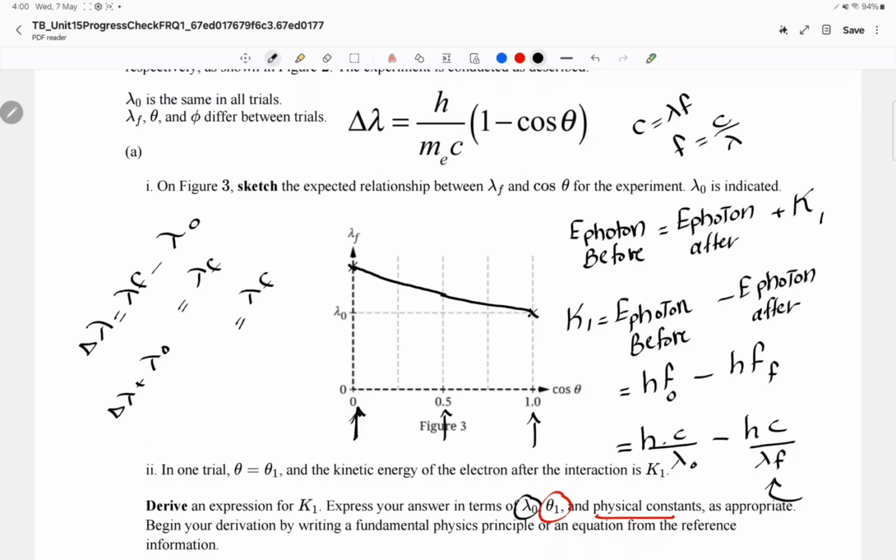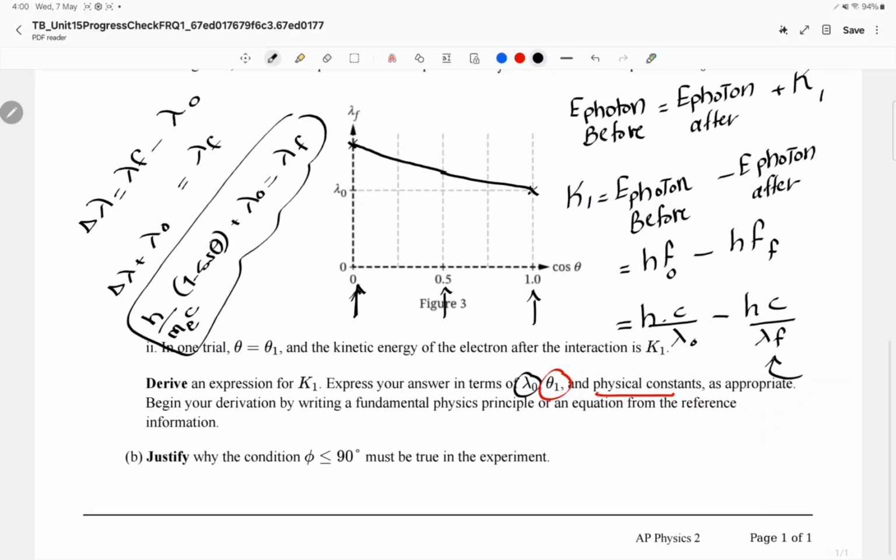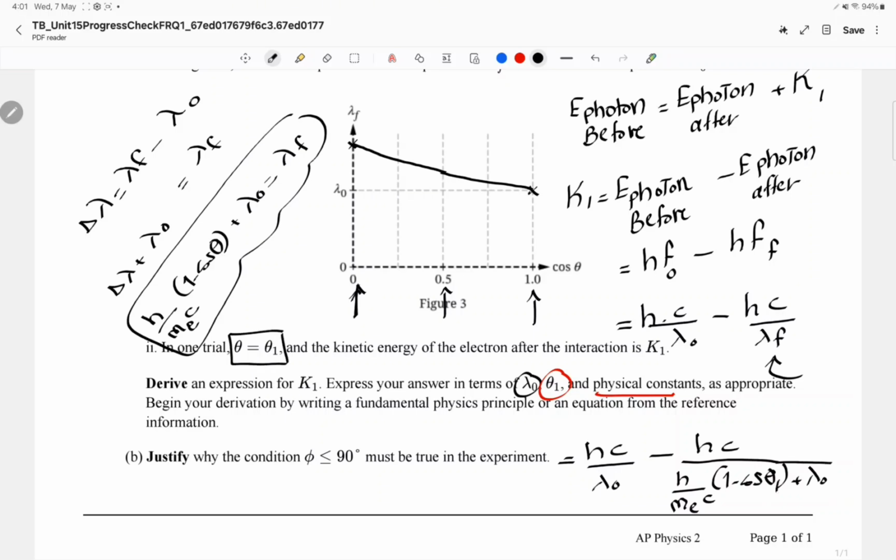So it's going to be h over mec (1 minus cosine theta) plus lambda O. So instead of the hf here in the end, I'll replace it with this whole thing, h over mec (1 minus cosine theta) plus lambda O. Theta 1. Okay, because they said theta is equal to theta 1.